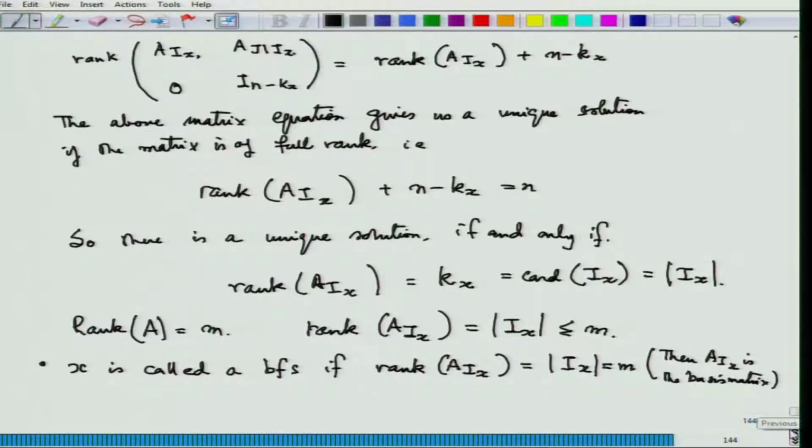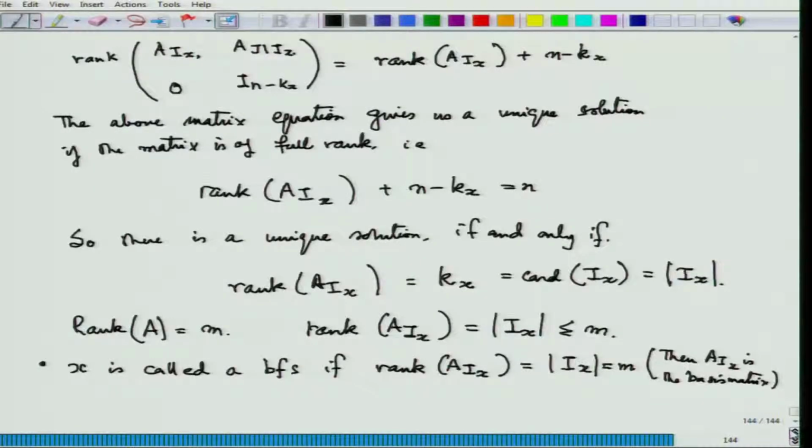If there is only one X which has those properties with the Xj's, that is, this is the only possible X for which X is partitioned like this and is solving the system, then rank of Aix must be equal to the cardinality of Ix. And if the cardinality of Ix is also equal to m, then X is the only solution of that particular system of equations which we just showed, and that solution is called a BFS if its rank, that is cardinality of Ix, is also m.